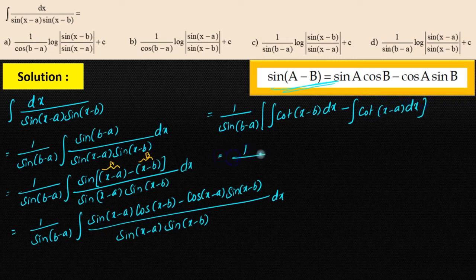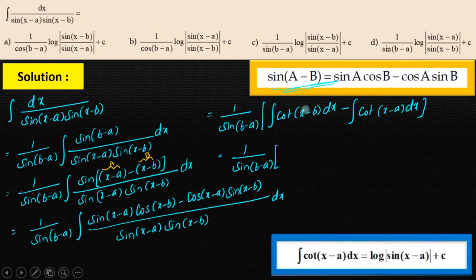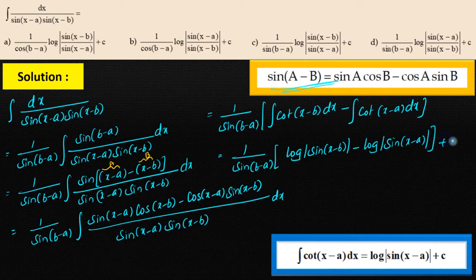This equals 1 by sin(b − a) into, here the integration of cot(x − b) is log|sin(x − b)|, minus the integration of cot(x − a), which is log|sin(x − a)| plus C.